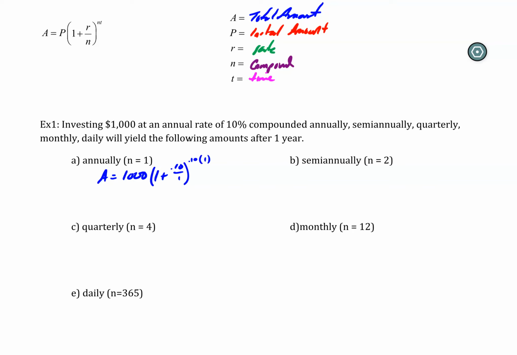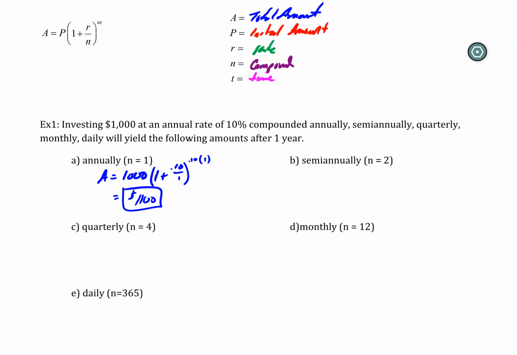Once I have this, I would personally simplify it and then plug it in the calculator, but let's do that now. I'm getting 11,000 for that.